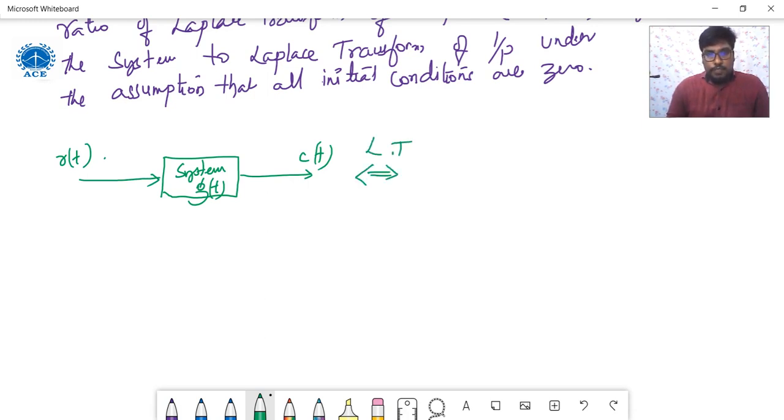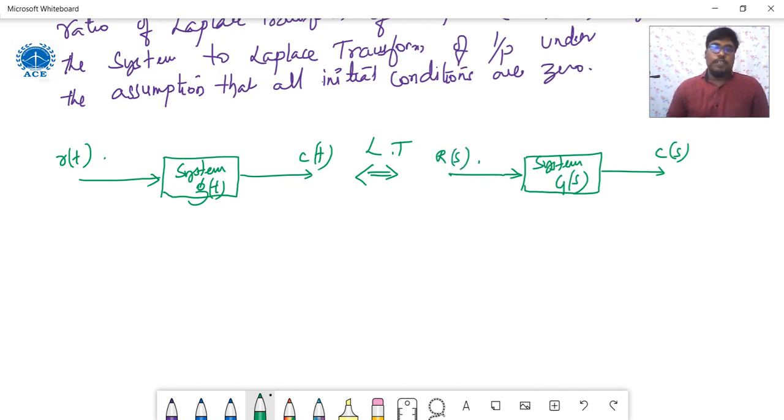Through the Laplace transform, you can write the system as g of s, the output as c of s, and the input as r of s.